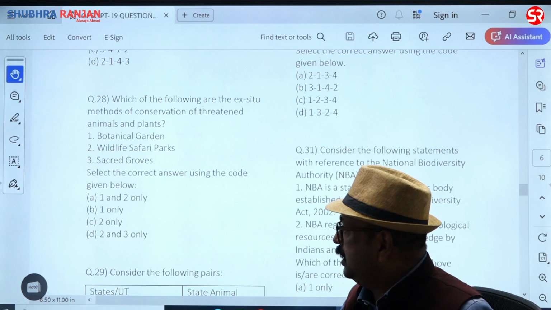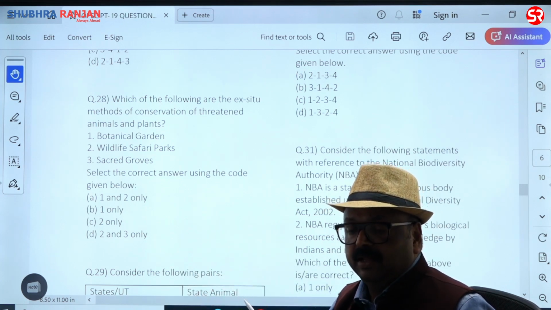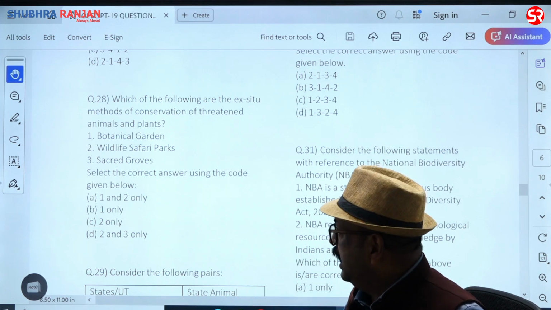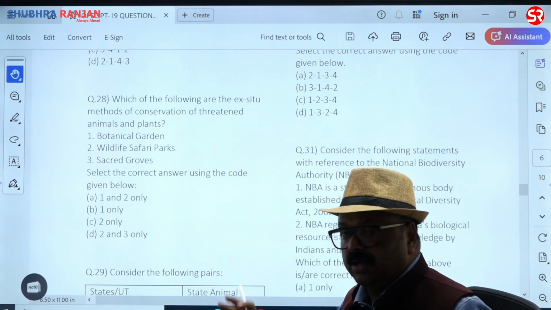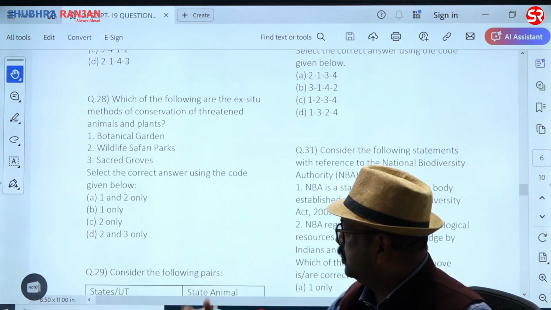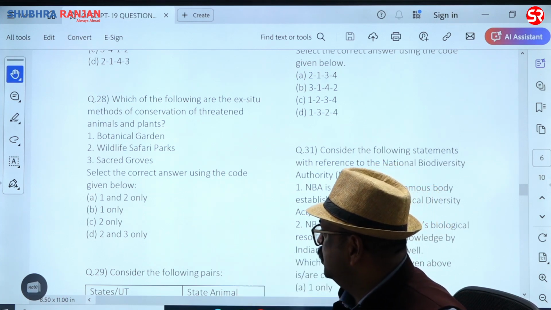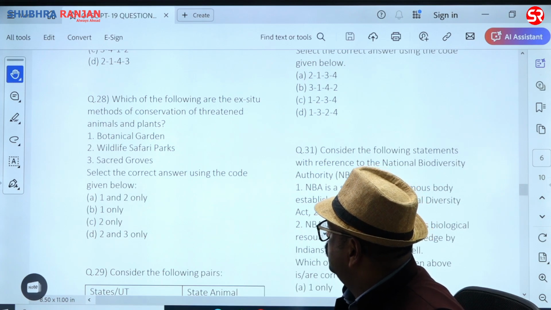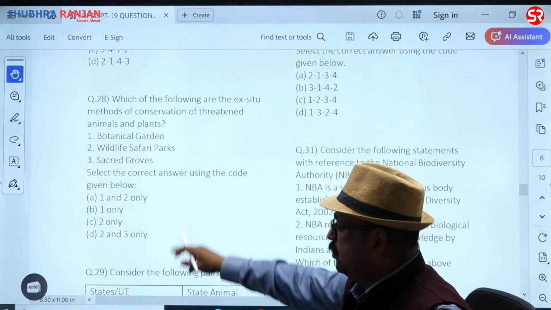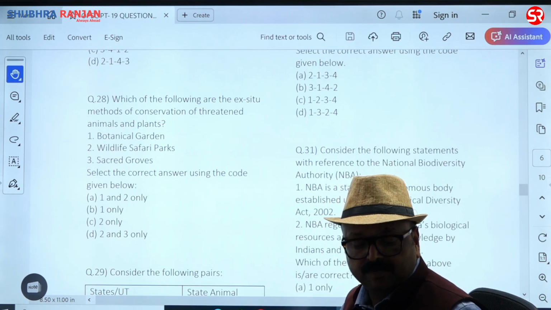Those native communities consider it sacred and they use it subsistently. These patches of forest are auspicious for them. Sacred groves are in-situ conservation, not ex-situ. अच्छा हमें पाना क्या है ex-situ. So 1 and 2, that is Alpha, is going to be the right answer.